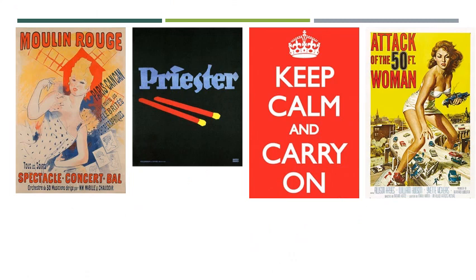Okay, so here is a small sampling of posters that have really rocked our world through history. All right, the first one is a poster for the Moulin Rouge. This poster was designed by a Frenchman.